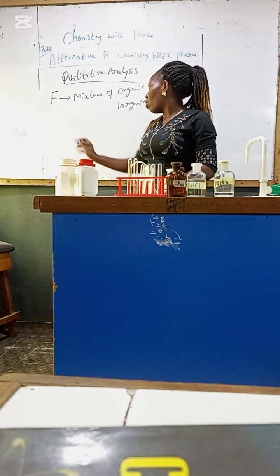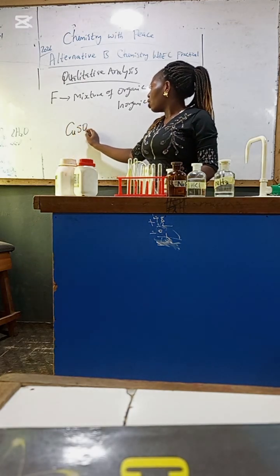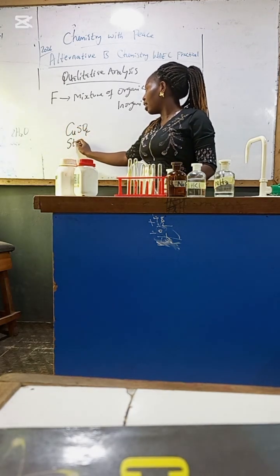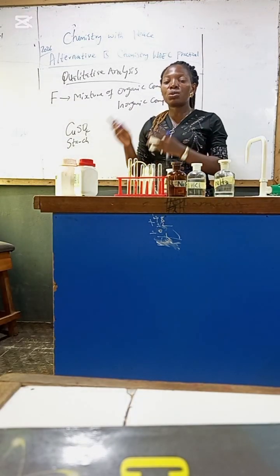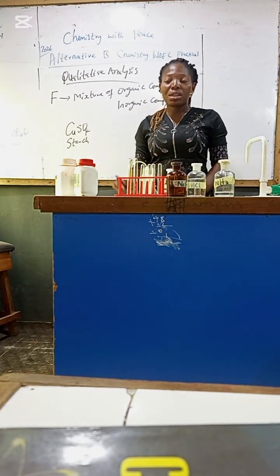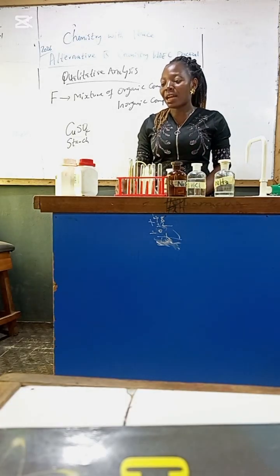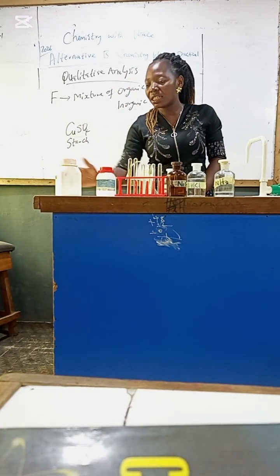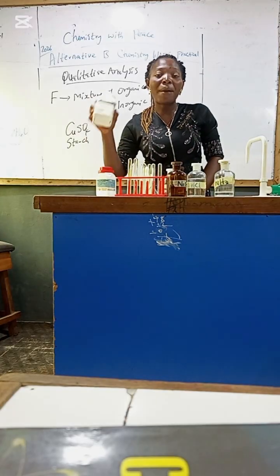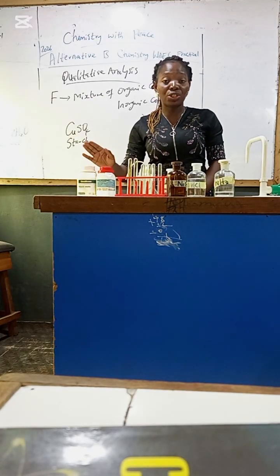It's a mixture of copper sulfate and starch. Unlike the alternative A, in which two of the samples are not soluble in water, this time around we have copper sulfate. This is our copper sulfate. This is our starch. The copper sulfate is soluble in water. The starch is not soluble in water.